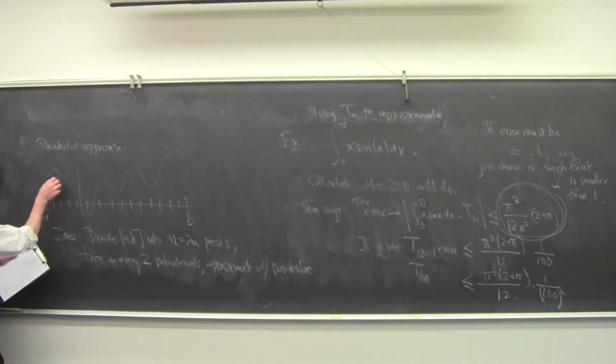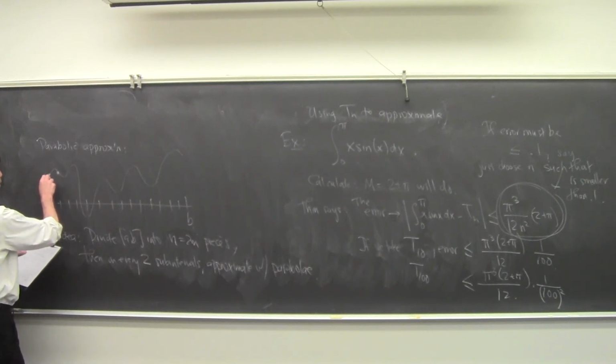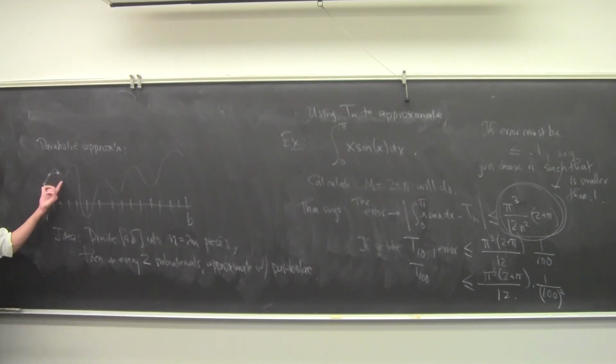You take the first 2 subintervals, these 3 points, and approximate that with some parabola that passes through those 3 points.